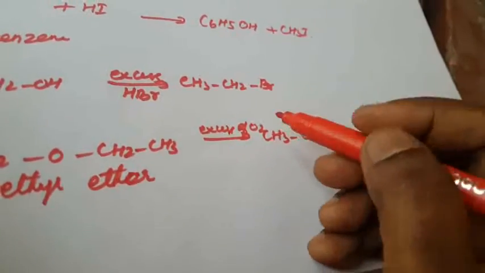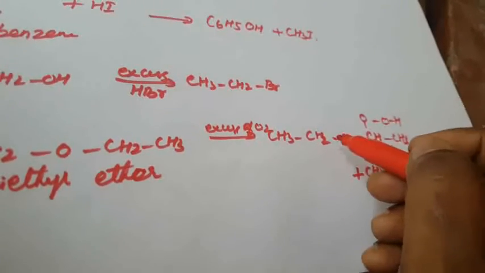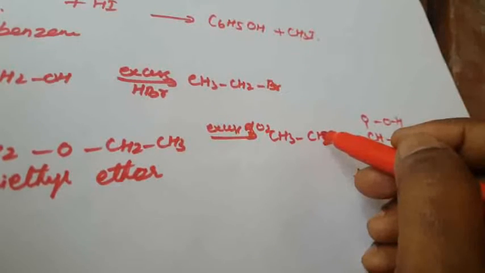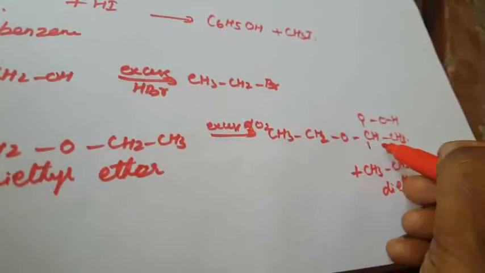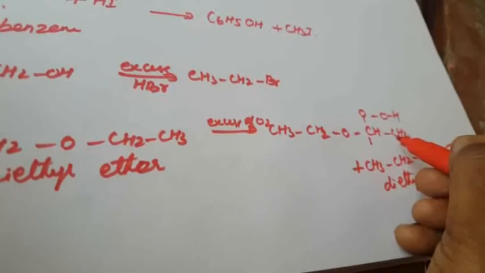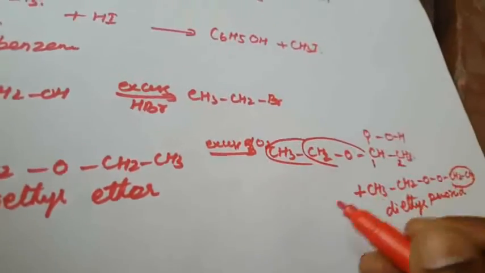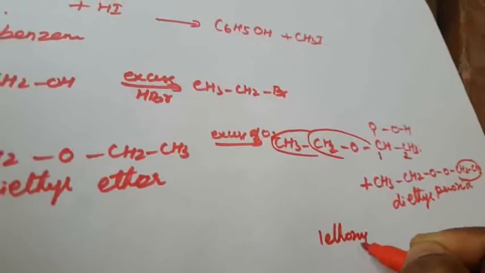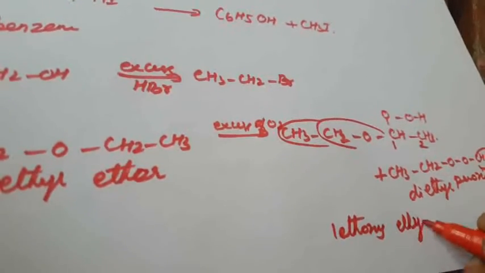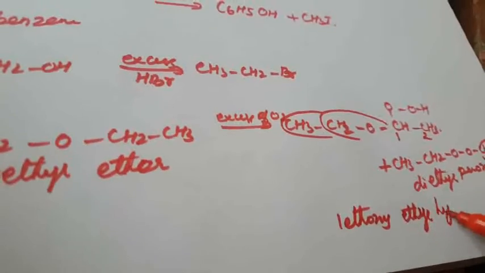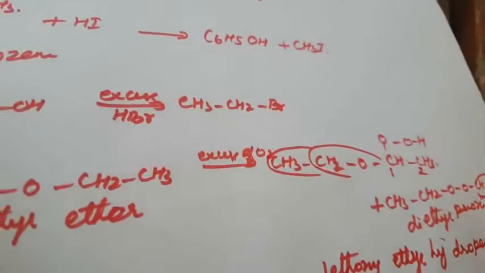Here the first position contains ethoxy, so 1-ethoxyethyl hydroperoxide. This is the hydrogen peroxide, right? Two oxygens, hydroperoxide. Okay.